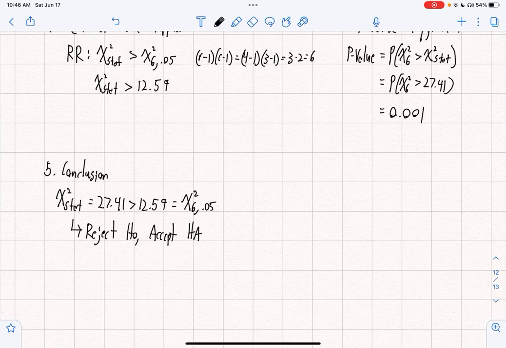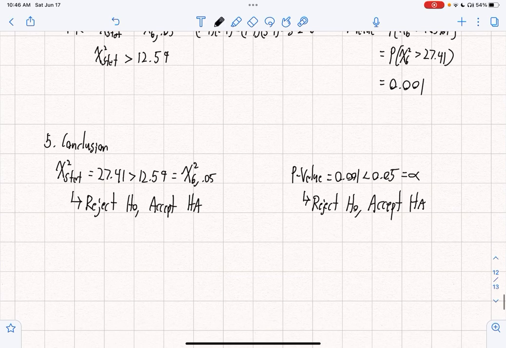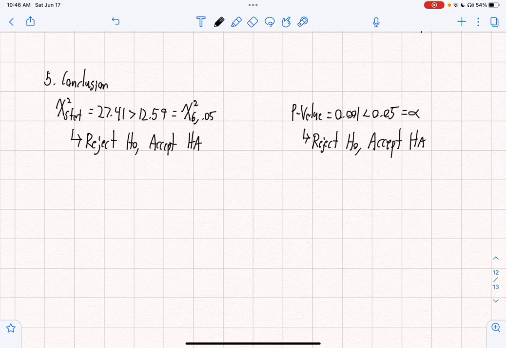For the p-value approach, the p-value is equal to 0.001, which is less than 0.05, which is our alpha. So we will reject H naught and accept HA. Of course, you only have to do one of these two methods, so use whatever you're most comfortable with. And then finally, our conclusion.